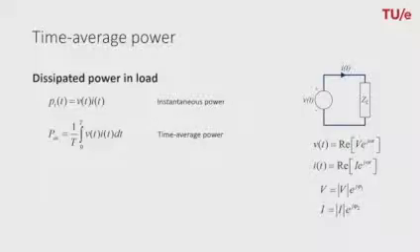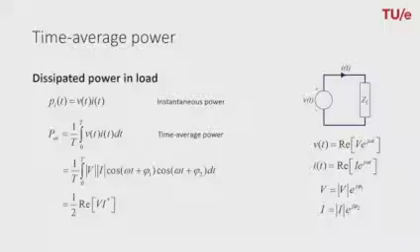If we substitute the expressions for the voltage and the currents and do the integration, we can show that finally the time average power can be written in this form. So it's the real part of the complex power, and the complex power is the product of the complex voltage times the conjugate of the complex current.